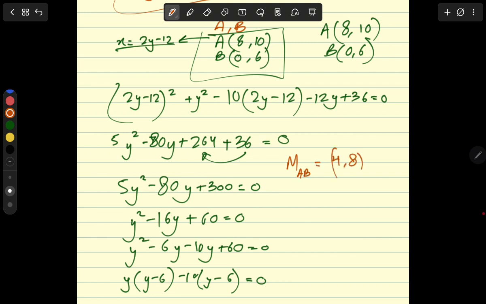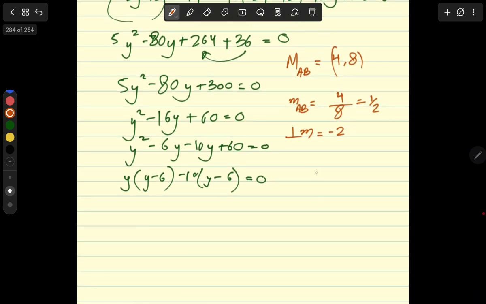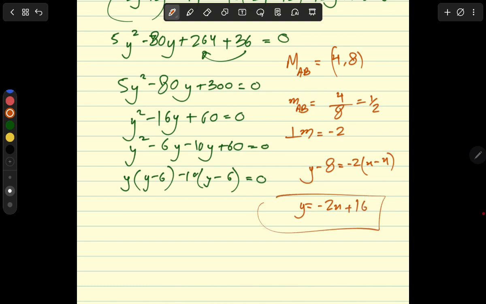This is the midpoint, and the gradient between A and B is 10 minus 6 is 4, 8 minus 0 is 8, so it is a half, so the perpendicular gradient is going to be negative 2, right? So the equation of a line is y minus y1 equals m(x minus x1), or y is equal to negative 2x plus 16. So this is going to be the equation of the perpendicular bisector of AB.